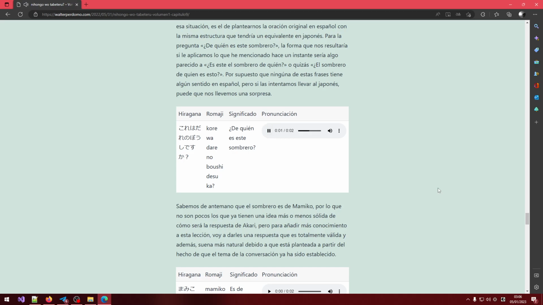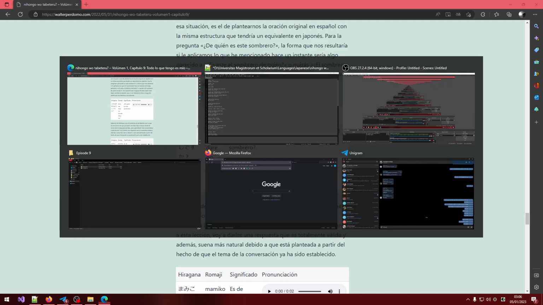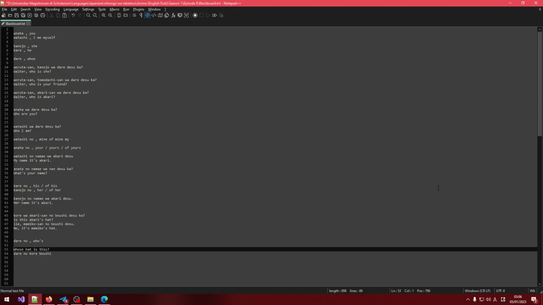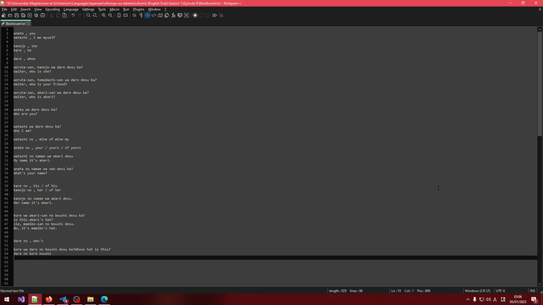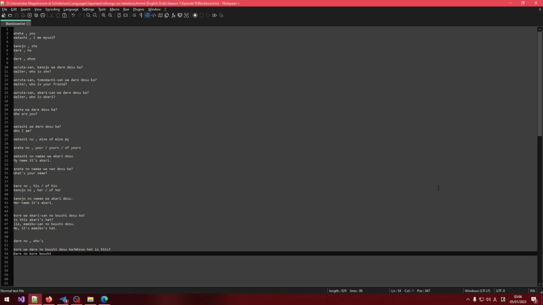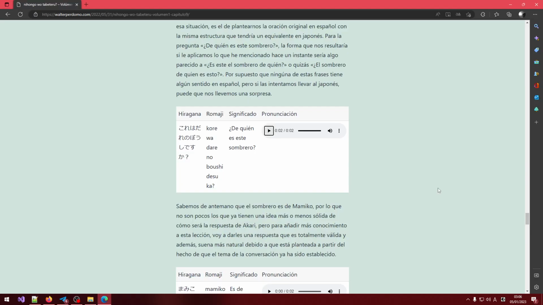これは誰の帽子ですか? Whose hat is this? Alright. Very simple. 誰の帽子?